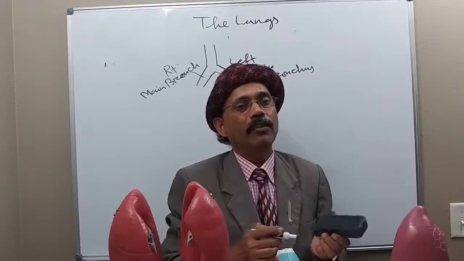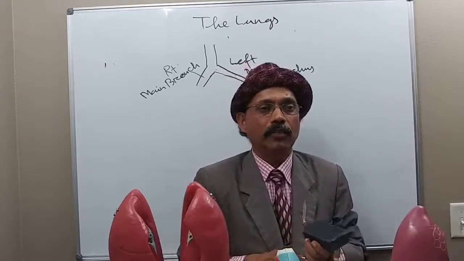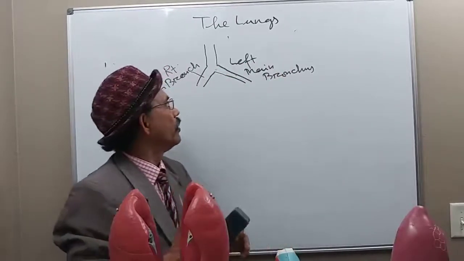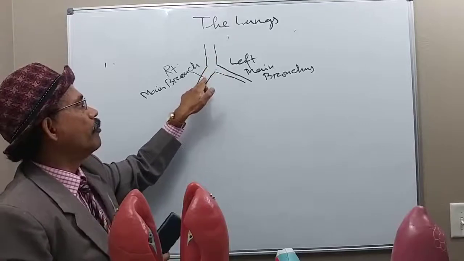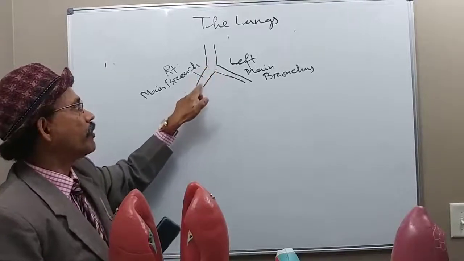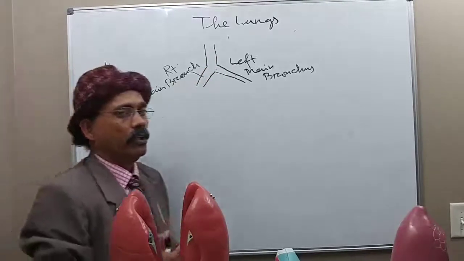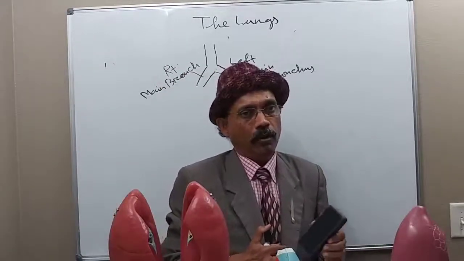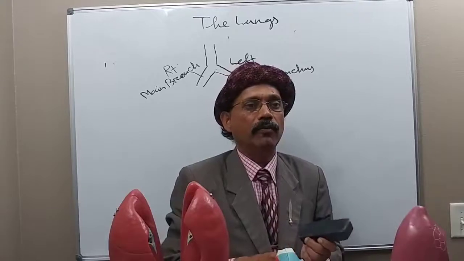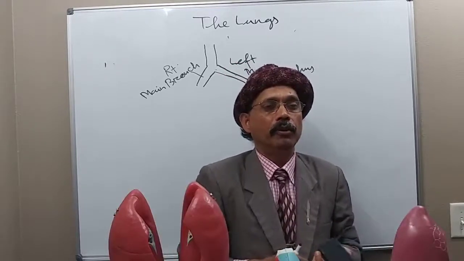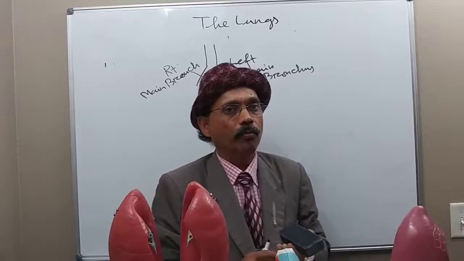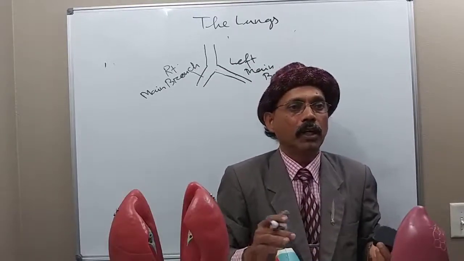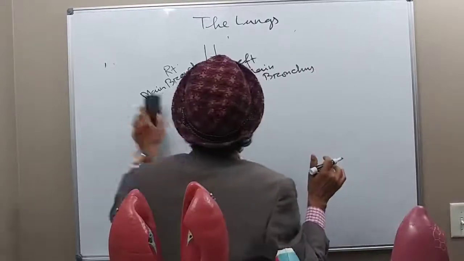It is longer and narrower than that of the right side. So we have more infection on the right side, more foreign body infection, due to the wide and short right main bronchus. Okay, we got the bronchopulmonary segments. Now we go to the development of the lung.